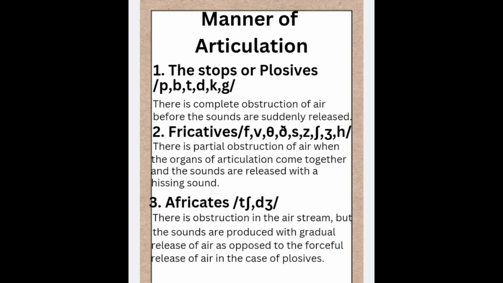There is a complete obstruction of air before the sounds are suddenly released. We have the fricatives. In the production of the fricative sounds, we have the partial obstruction of air when the organs of articulation come together and the sounds are released with a hissing sound.